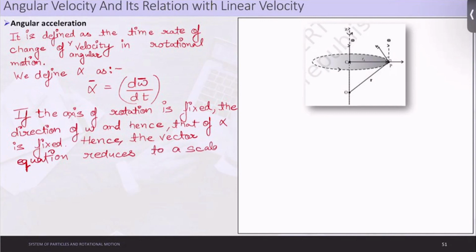So here we don't need to do a vector differentiation, we can simply do a scalar differentiation. As problems come, we will understand whenever we require the alpha vector equation definition and wherever we require the scalar equation definition. So alpha is equal to d omega by dt, a simple scalar equation.